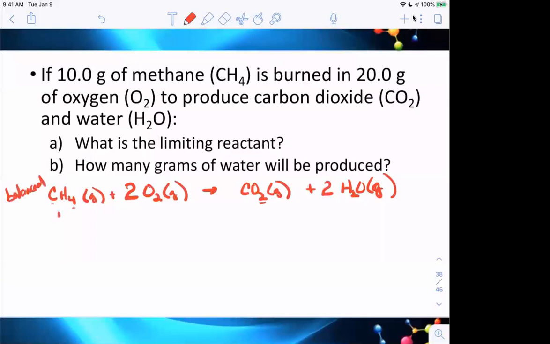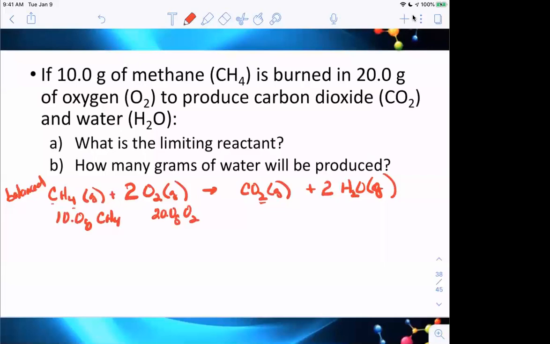So I have 10.0 grams of CH4 and I have 20.0 grams of oxygen. I could pick either the amount of CO2 or the amount of water and do my stoichiometry calculations to figure out which one is produced less.